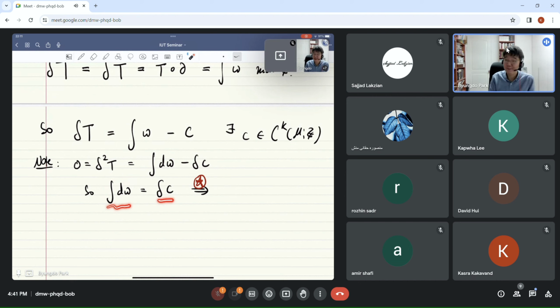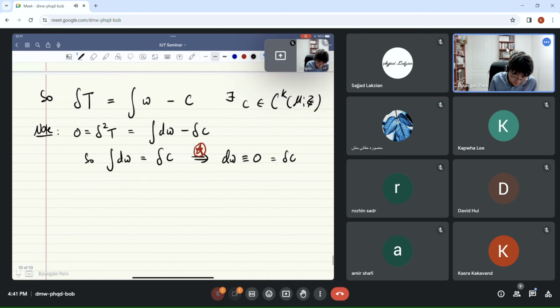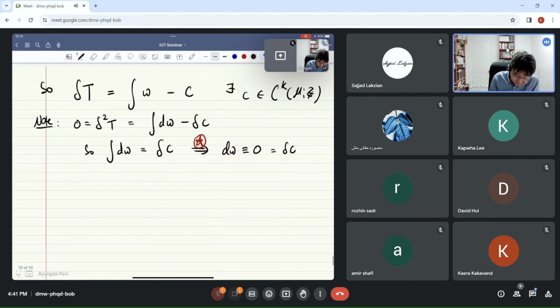Their being the same must mean that this differential form d omega should be identically 0, and so is the co-boundary of C. So now, here's an easy exercise.